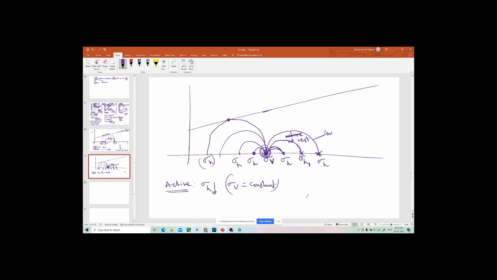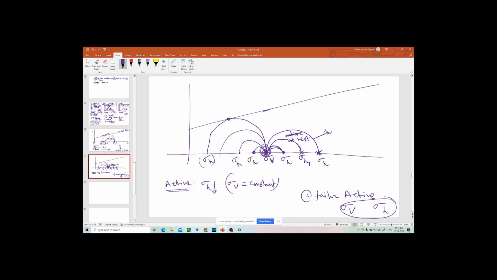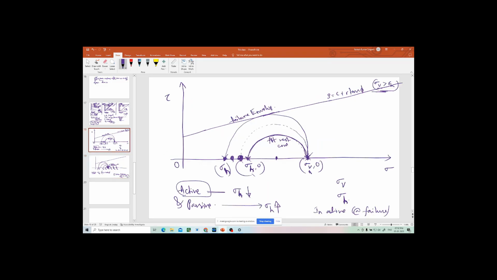Now tell me, at failure in the active condition, which symbol should I write here? Again, sigma v is greater than sigma h. So what you have to remember is that here also sigma v is greater than sigma h, right?